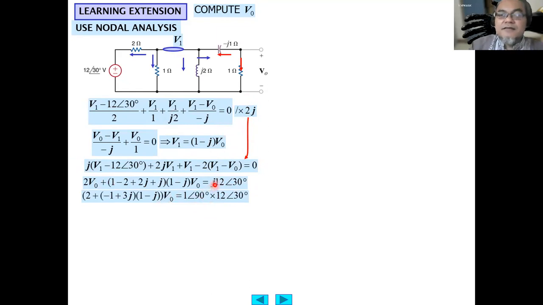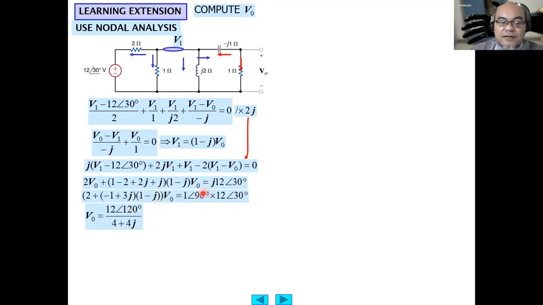If you remember from the discussion about the phasor section, it's easier to use phasors in multiplication or division calculations like this one. When this is multiplied by this, the value equals 12 with a phase angle of 90 plus 30 degrees, so a phase angle of 120 degrees.